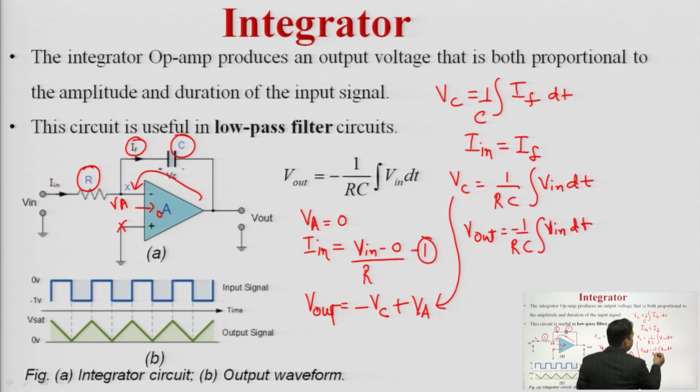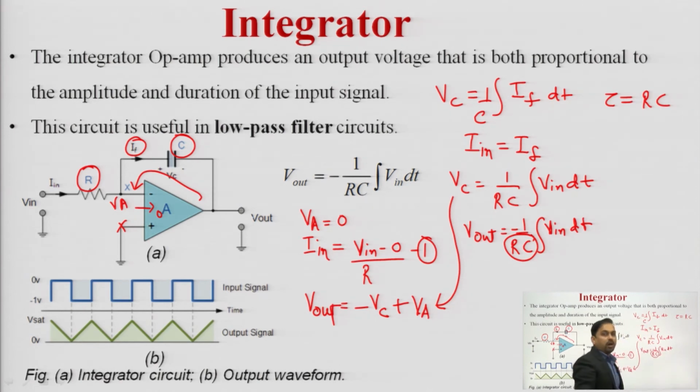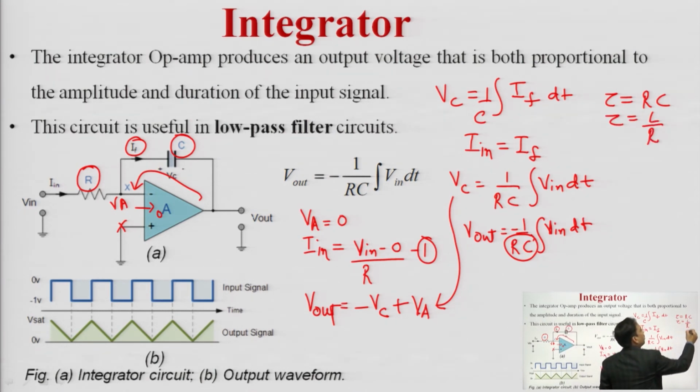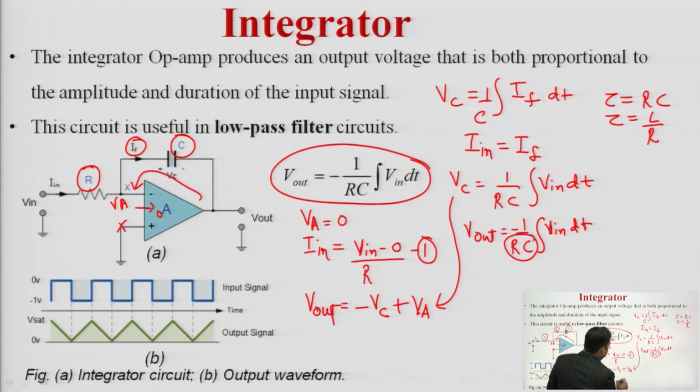Now if you clearly see, RC is known as the time constant tau. For an RC circuit the time constant is RC. For an LR circuit the time constant will be L by R. So the generalized relationship can be V out equals minus 1 by tau integration of V in dt.